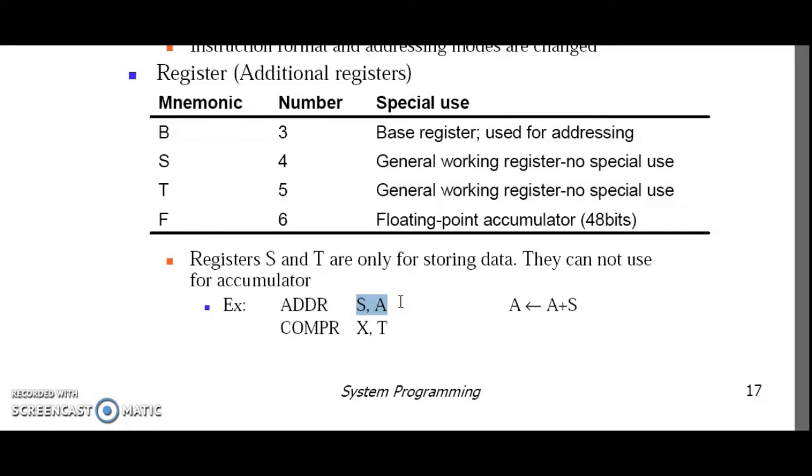Since it has 2 registers, the instruction opcode is specified using the letter R. So for ADDR, what the instruction shows is A is equal to A plus S. The addition operation will be performed and the result will be stored in the second register A.